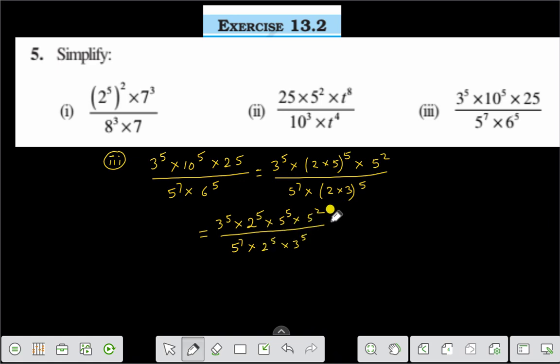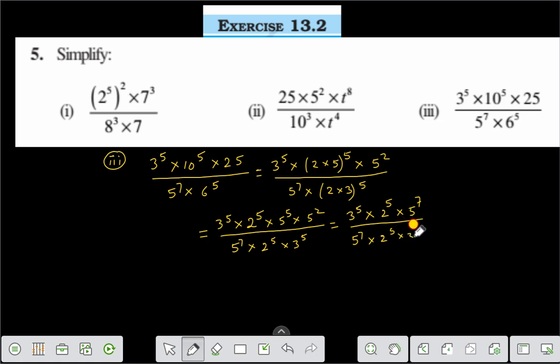Right? Here you see, this one is 3 to the power 5 into 2 to the power 5 into 5 to the power 5 plus 2 is 7, divided by 5 to the power 7 into 2 to the power 5 into 3 to the power 5.